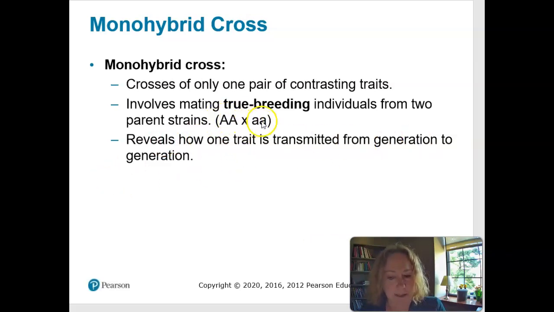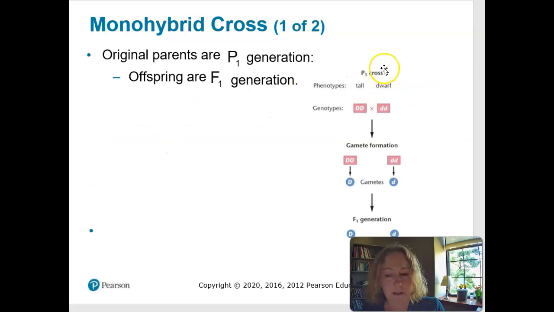Using this big A times little a, you're going to get 100% big A, little a, right? Heterozygous. Okay, so we have our original parents, tall versus dwarf.